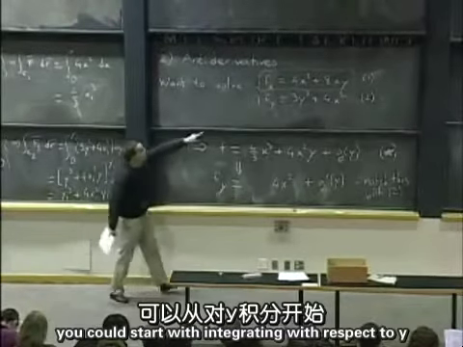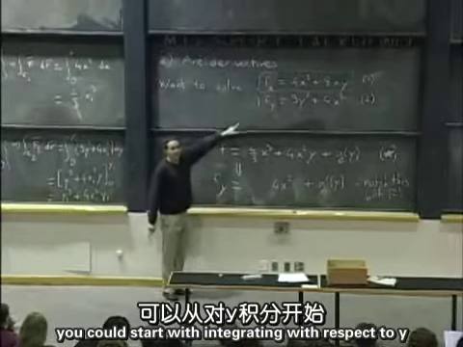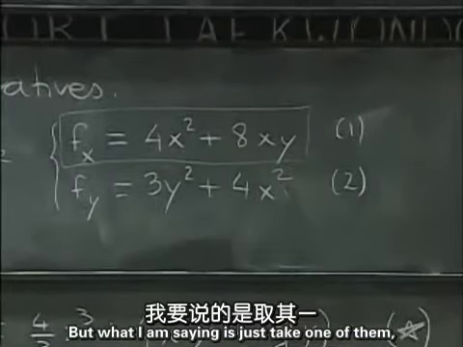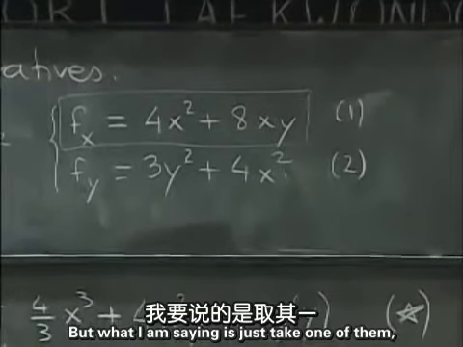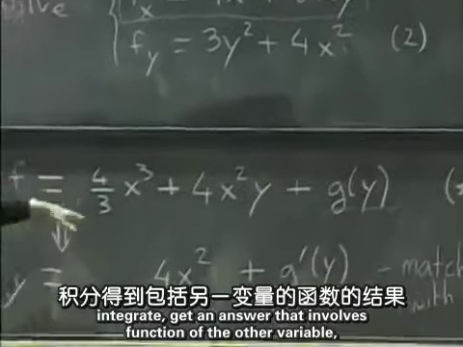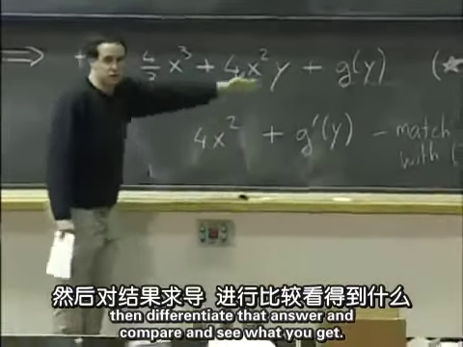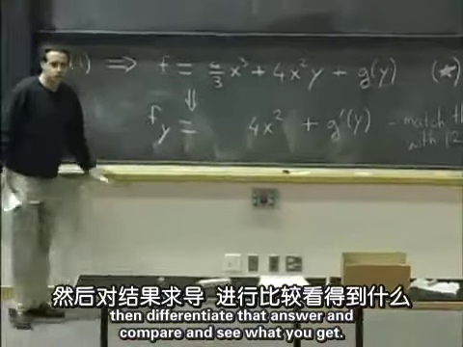On the other hand, you could start with integrating with respect to y, and then differentiate and match with the derivative with respect to x. What I'm saying is, take one of them, integrate, get an answer that involves a function of the other variable, then differentiate that answer and compare.